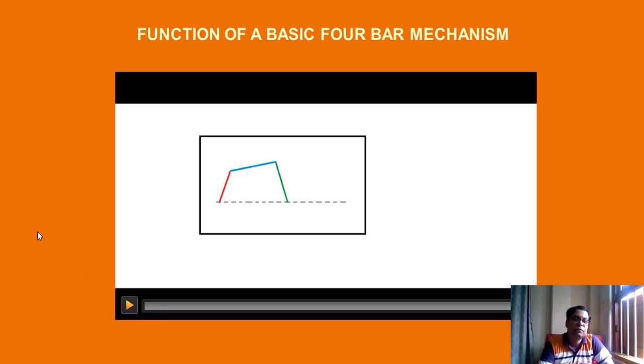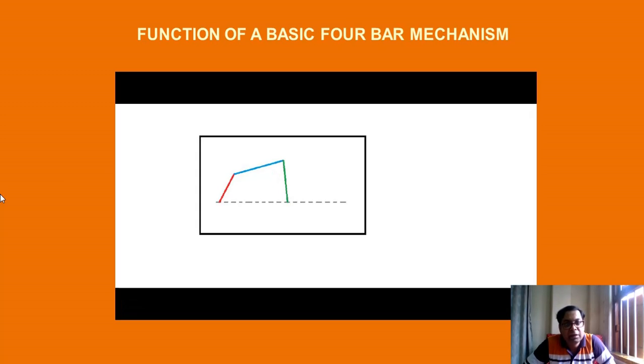Now suppose we allow it to move freely, then as per the animation you can see that the crank rotates and the green colored rocker arm will oscillate. So rotation and oscillation happen side by side.